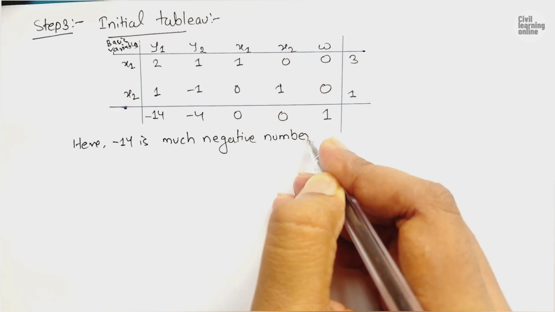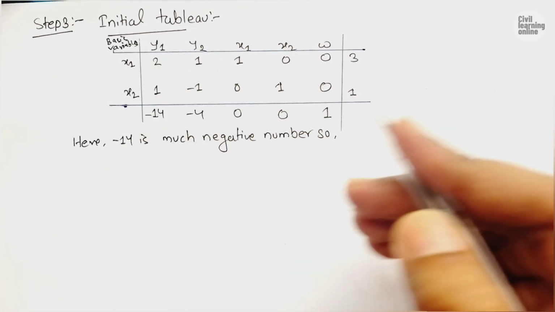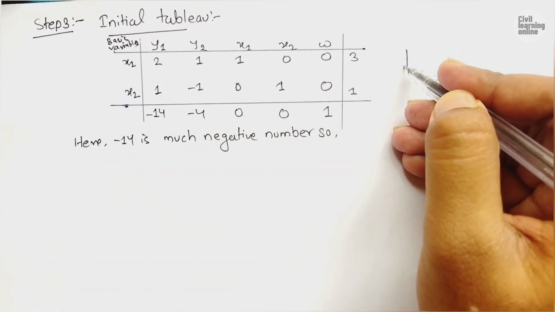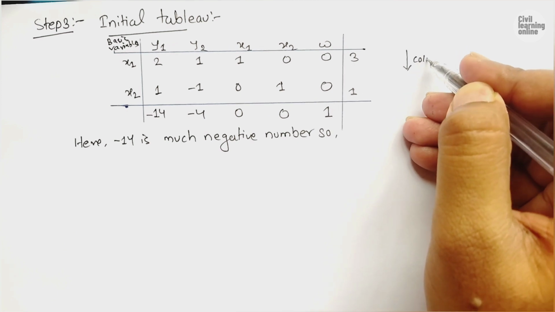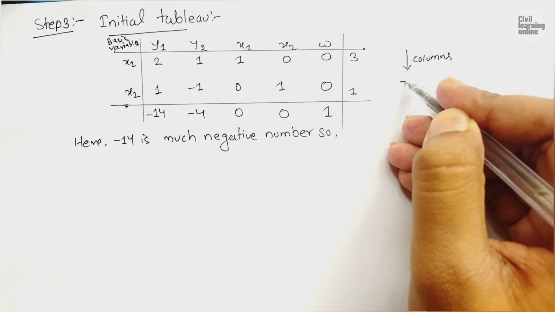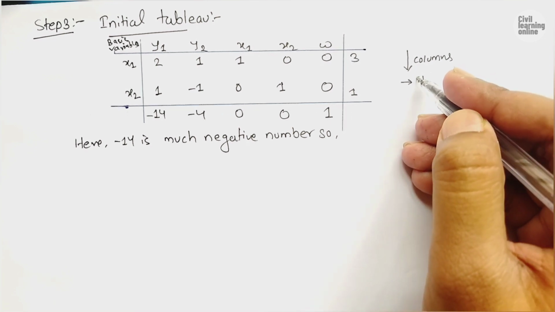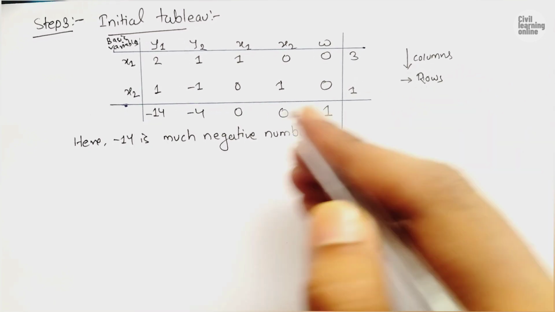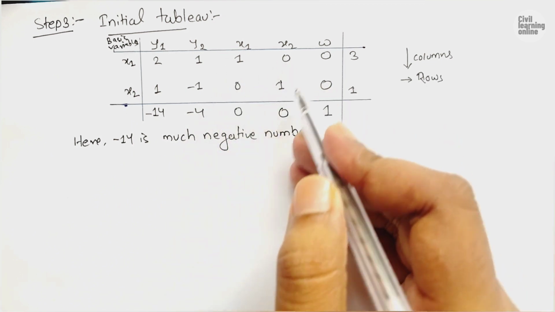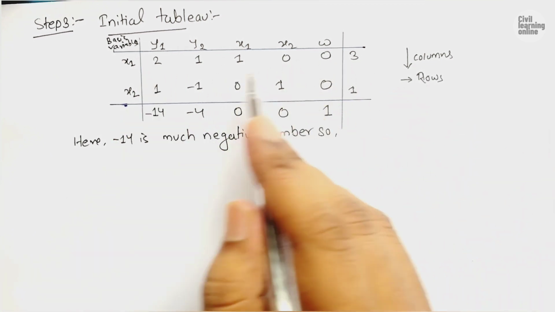Now what are columns and rows? Vertically, moving downward, those are our columns, and horizontally those are our rows. So we have 1, 2, 3, 4, 5, 6 columns and 1, 2, 3 rows.